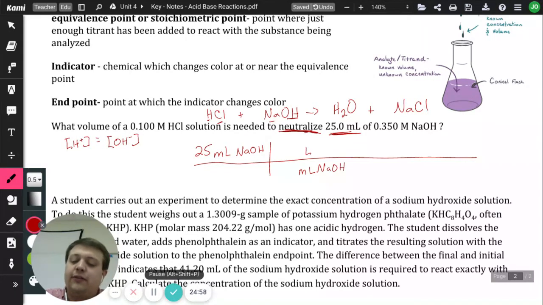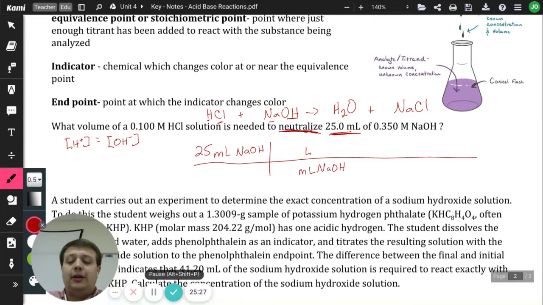And I'm actually going to convert this into liters. Now, why would I do that? Well, I would do that because remember, molarity is moles per liter. And why do I need to use molarity? Well, molarity is a good way to get from one substance to another substance by getting moles. And we need to get to moles because moles is the only way we can go from one substance to another. We do that using our mole-to-mole ratio.